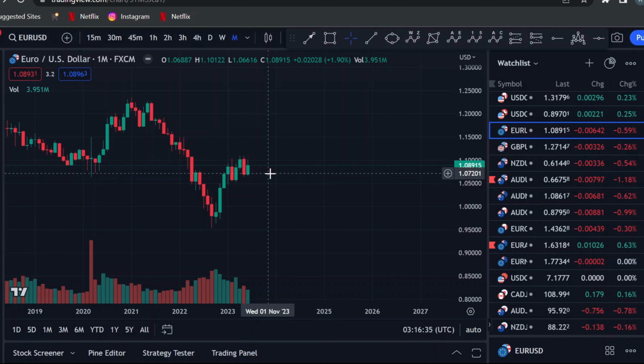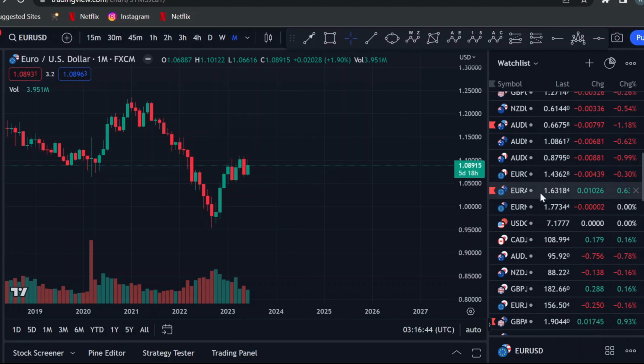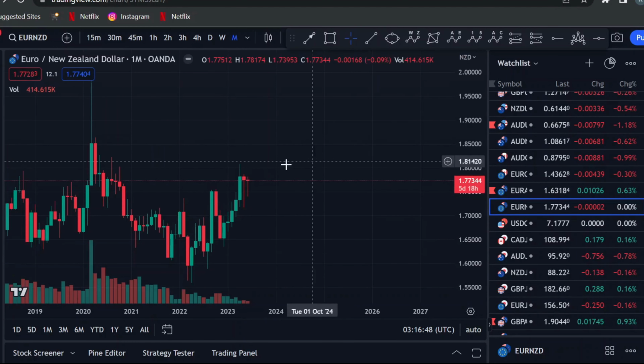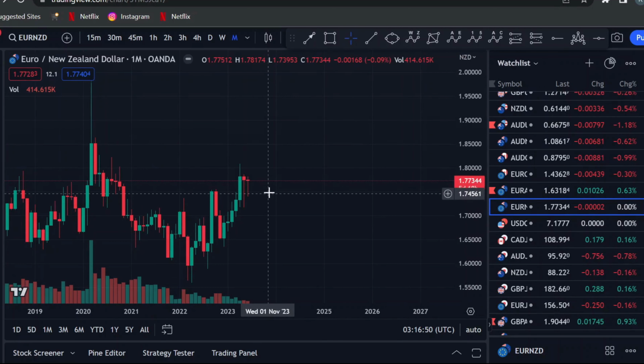So for the other euro pairs other than the euro dollar, you can see the euro NZD. The market has been opening and the bears coming in, but by the close of the monthly candle, the euro bulls are coming in. Same case to the euro AUD.